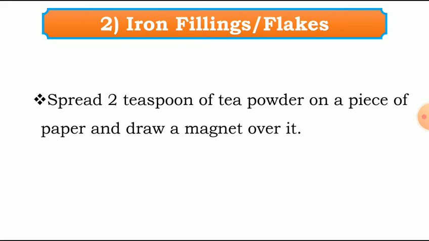If iron fillings or flakes are added into the tea powder, we just have to spread 2 teaspoons of tea powder on a paper and draw a magnet over it.